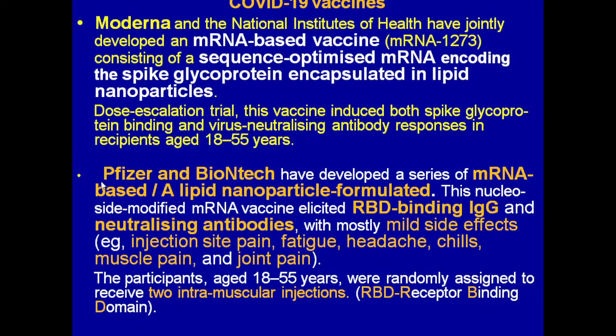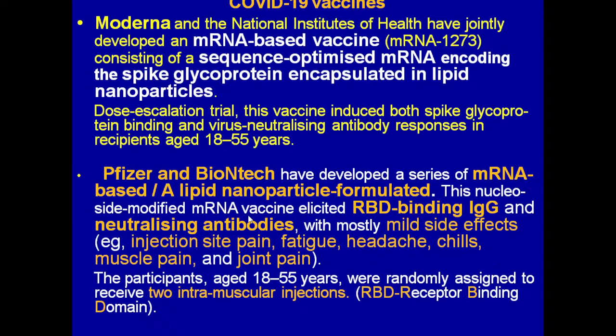Then the second one: Pfizer and BioNTech have developed a series of mRNA-based vaccines, again formulated in lipid nanoparticles. The nanoparticles are used for better uptake of the RNA by antigen presenting cells and other cells.